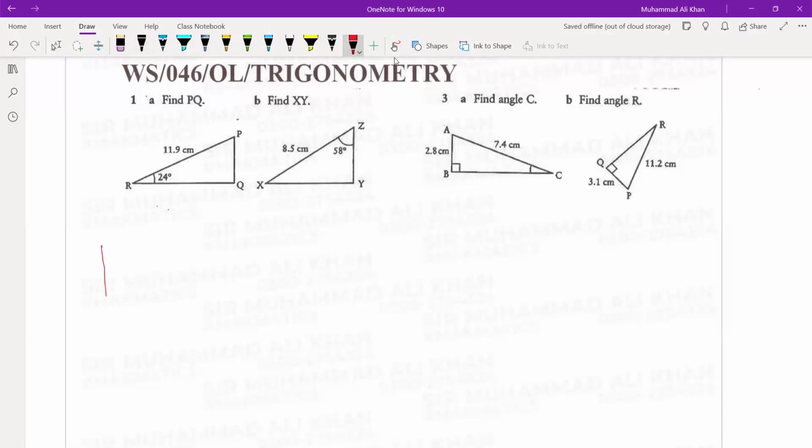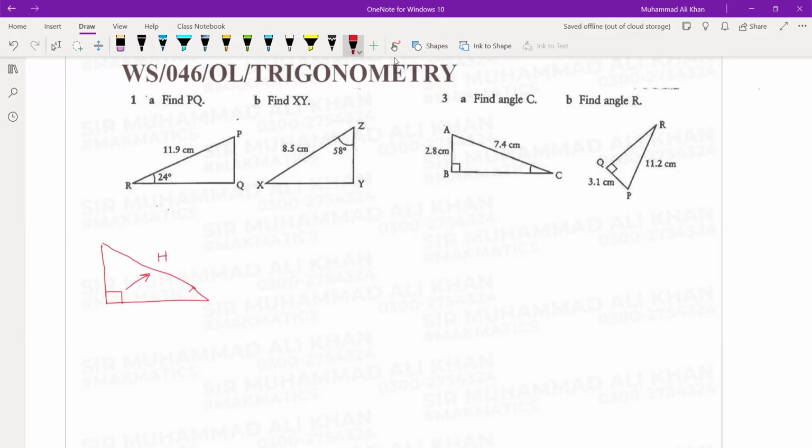For example, a right angle triangle is there. Here it is 90 degrees. Opposite to 90 degrees is the hypotenuse side.